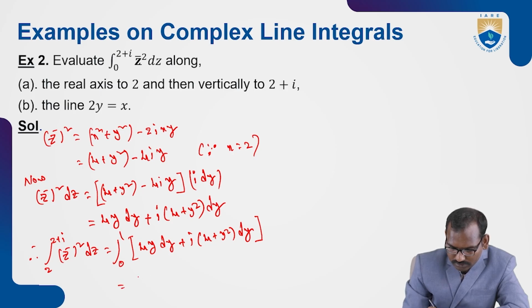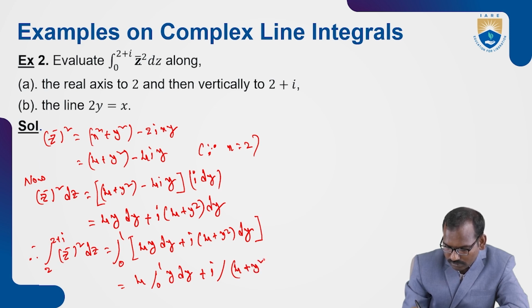Now you can get it as 4 times the integration from 0 to 1 of y dy, plus I times the integration of 4 plus y square dy.